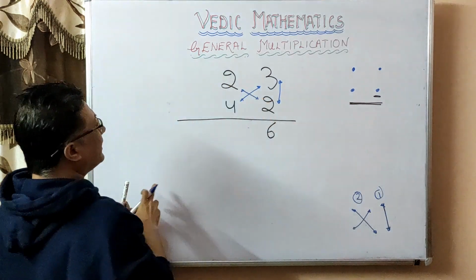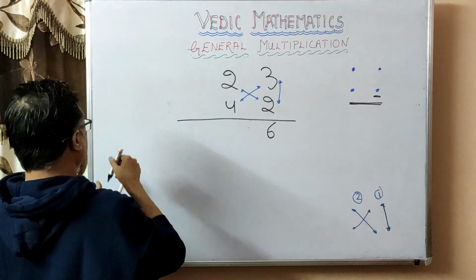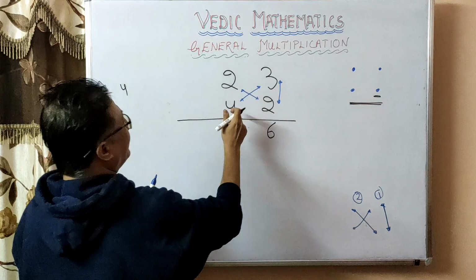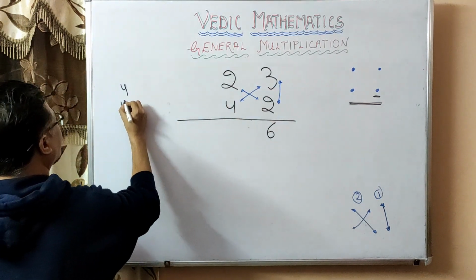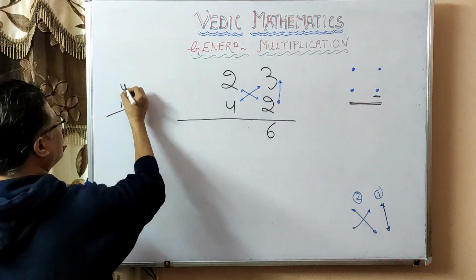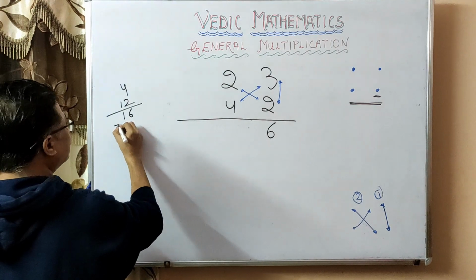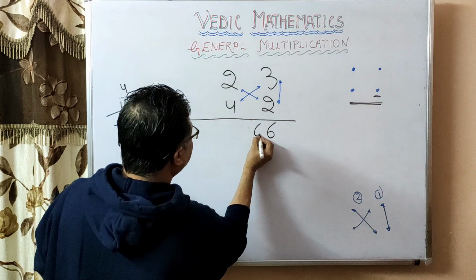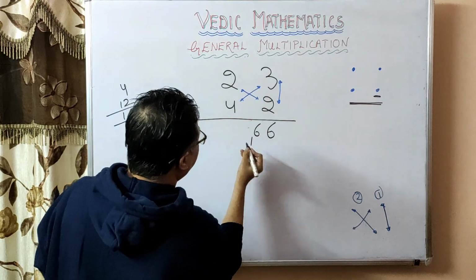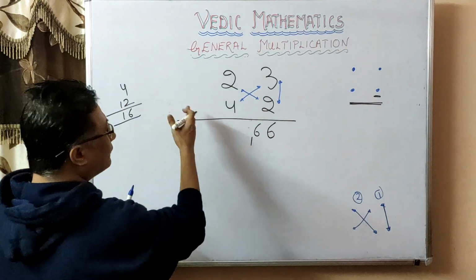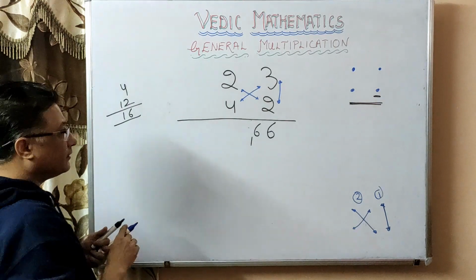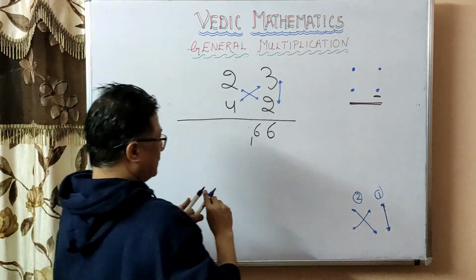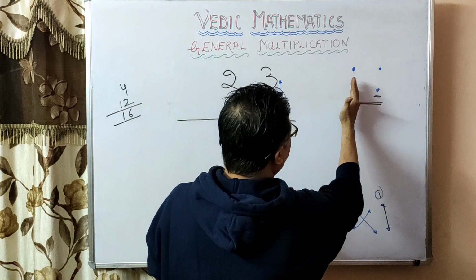So 2 multiply 2 is 4 and 4 multiply 3 is 12. You have to add these. 12 and 4 is 16. So what I will do is I will write 6 here and I will write 1 here so that I can carry it forward.